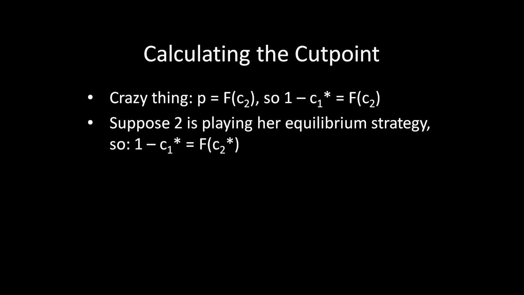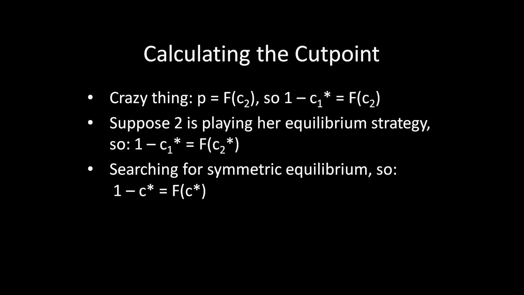So we have now 1 minus C1 star equal to f of C2 star. So we have a cut point for player 1 and a cut point for player 2. And we can do one more thing that will make this all work out for us. If we're looking for a symmetric equilibrium, then those cut points are going to be identical. We can rewrite that as 1 minus C star is equal to f of C star.